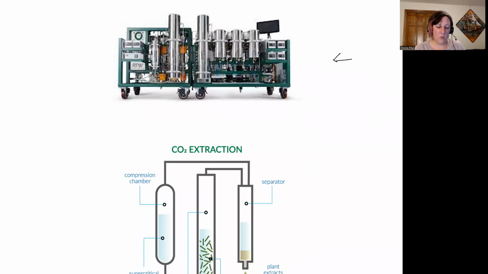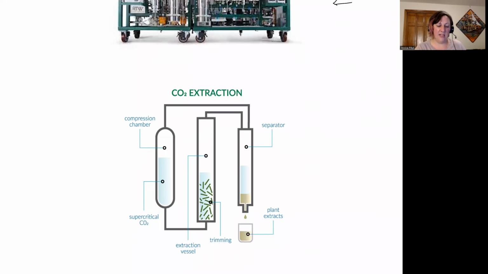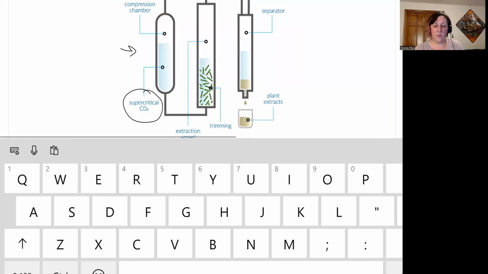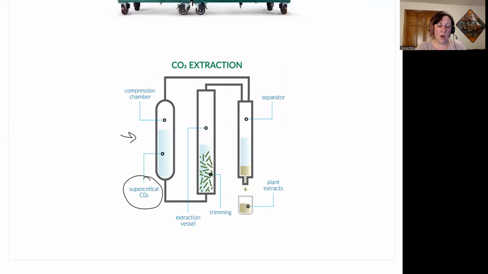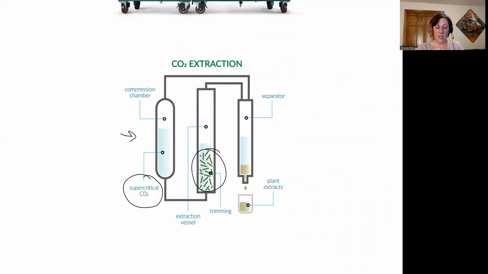The way these work is they have a space that is compressing our carbon dioxide to be supercritical. Then it passes that supercritical fluid through our plant material. Then it has the supercritical CO2 and also the extracted oils and cannabinoids, which we can then separate, and then we just have the extract from the plant.